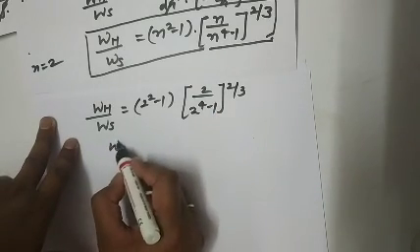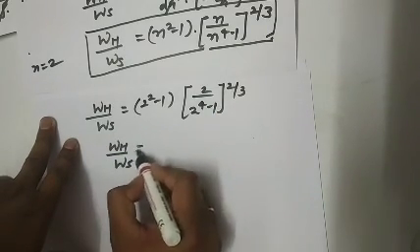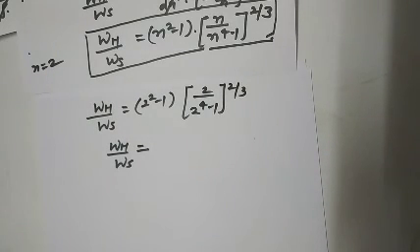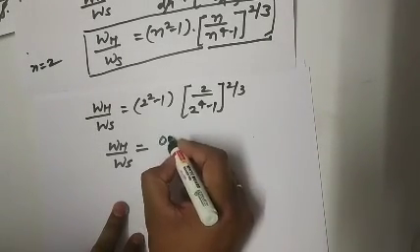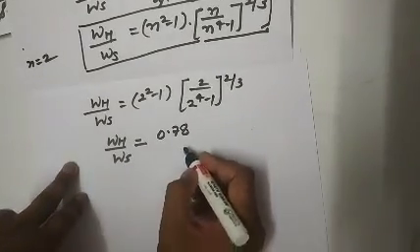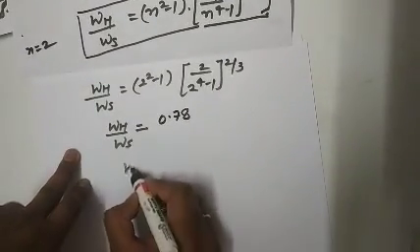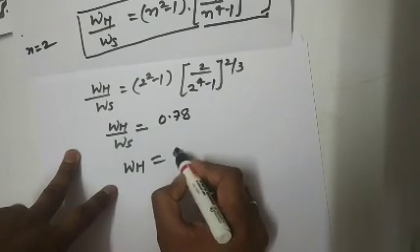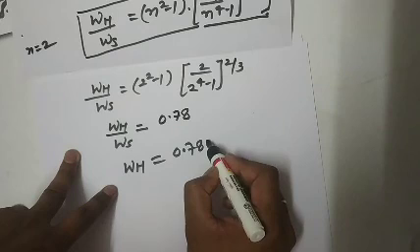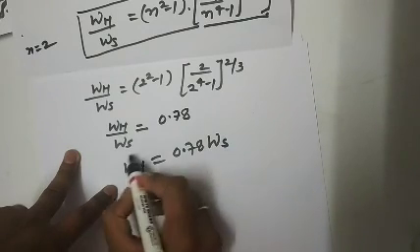When we simplify it, the value will come as 0.78, right? So finally it can be written as weight of hollow section is 0.78 times that of solid section, right?